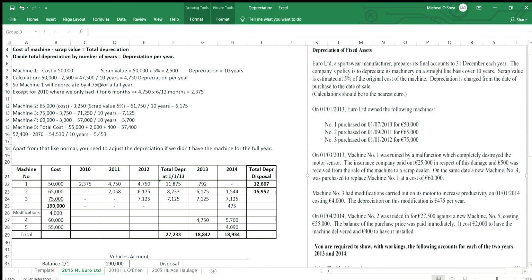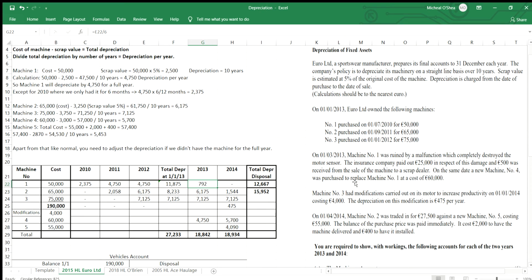If I find 2 months, so essentially 4750 multiplied by 2 divided by 12, because that's a full year and I want to find 2 months, it gives me 792. Again, my total depreciation then is going to be 12,667 for machine 1.